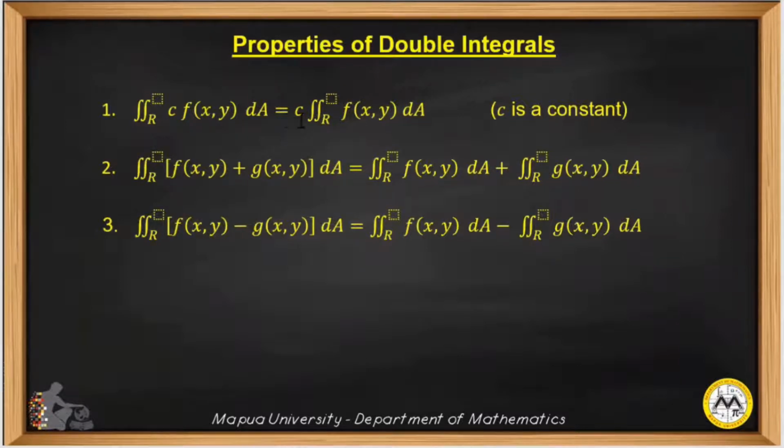The first property is that if we have a constant factor in the integrand, let us say a constant c, we can write the constant factor c before the integral sign.